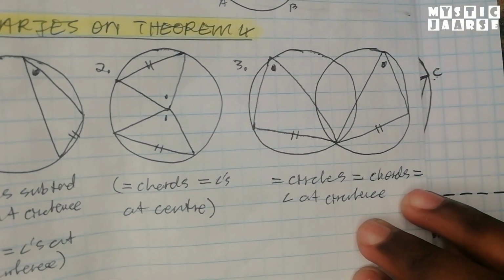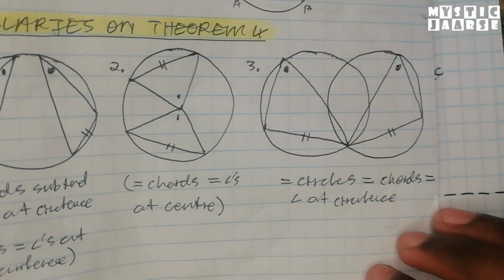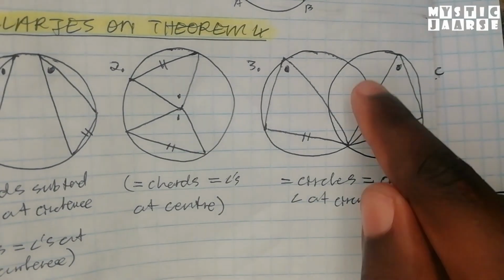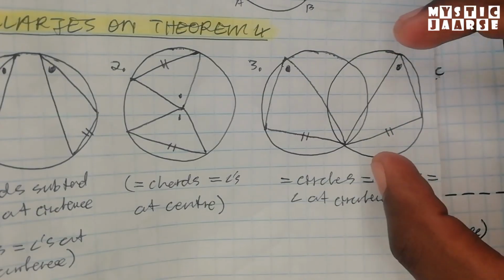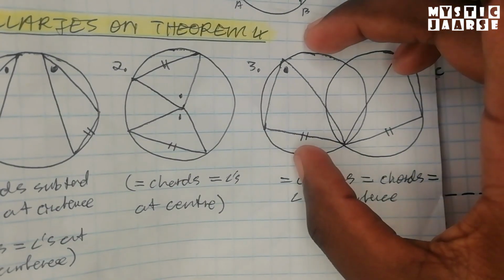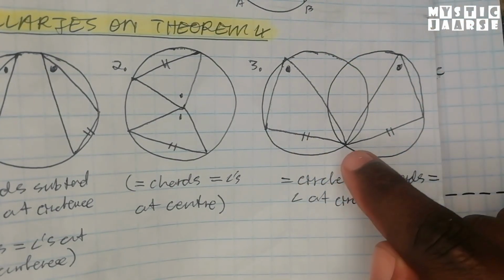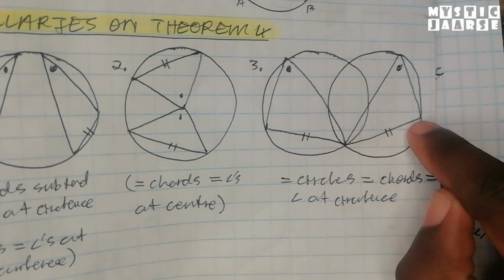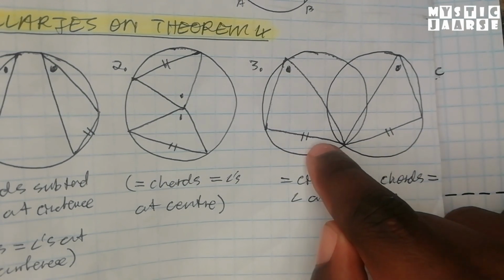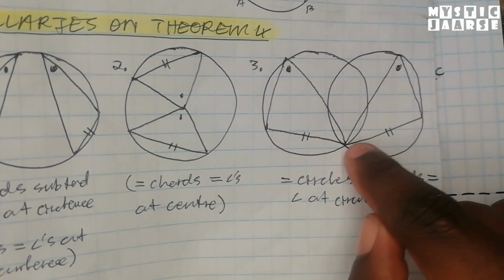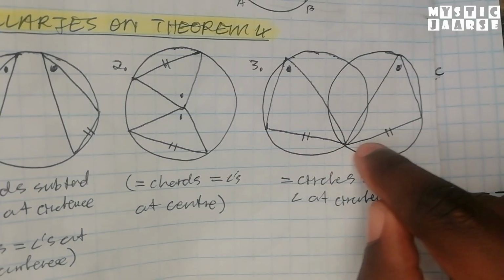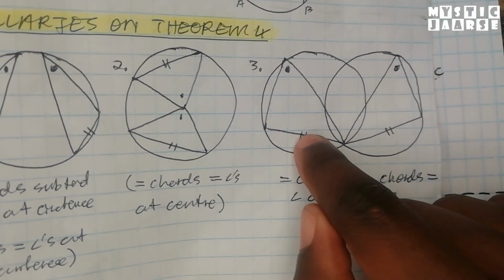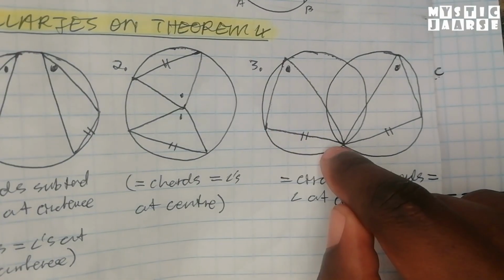Then the third corollary of Theorem 4 is when we have two circles that are equal in size. So these two circles are exactly the same size, and one arc in one circle is equal to one chord. This is a chord. An arc is this one. One chord of one circle is equal to the other chord in the other circle, right?